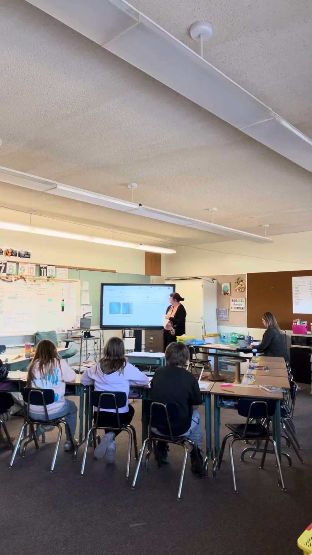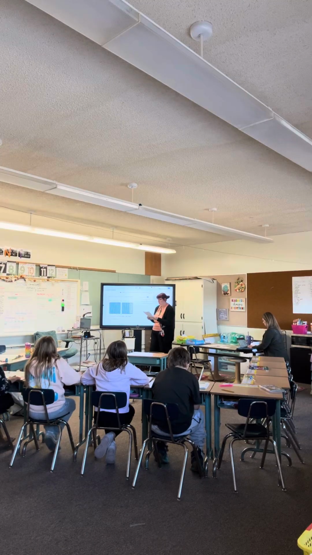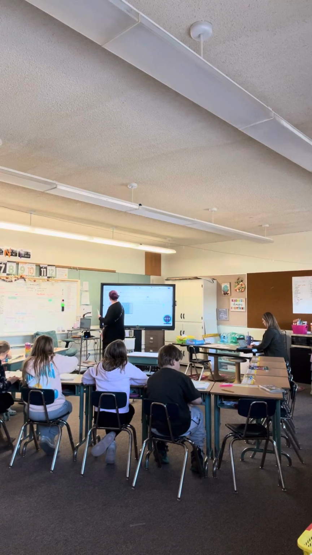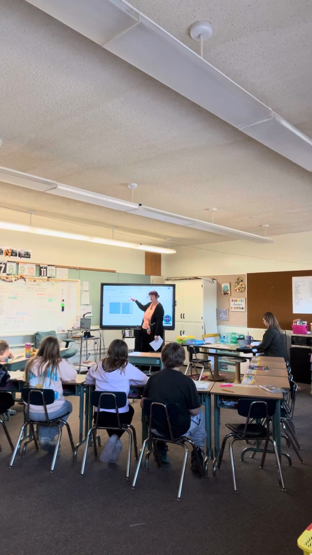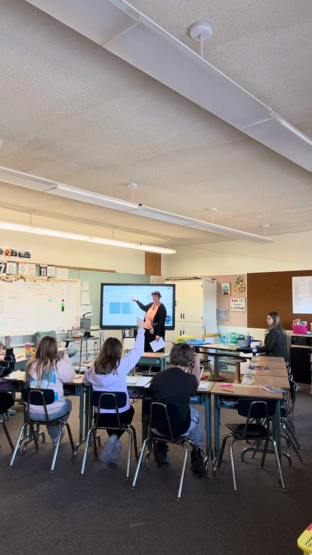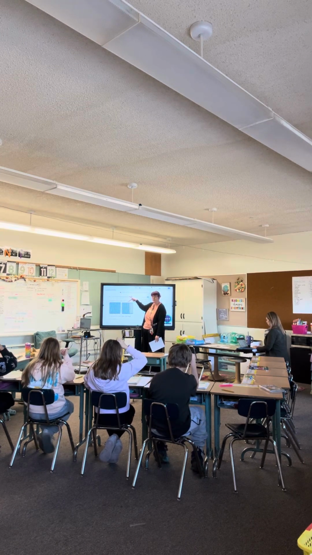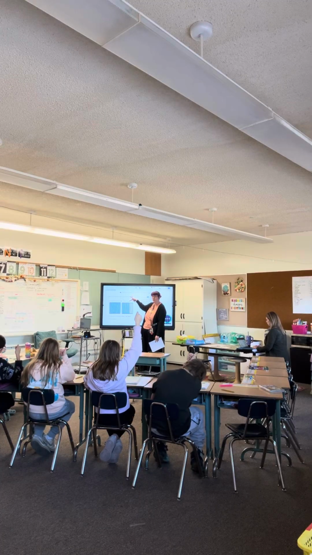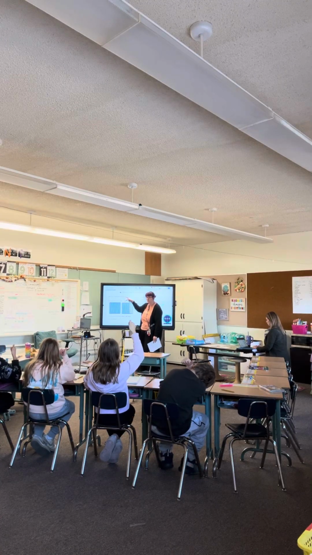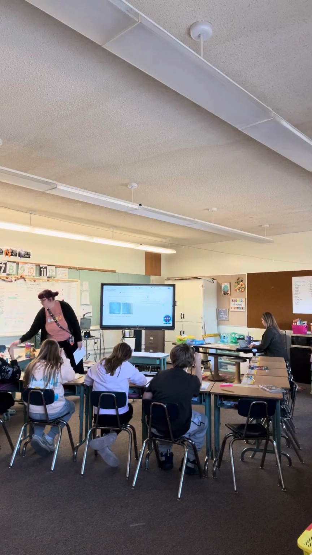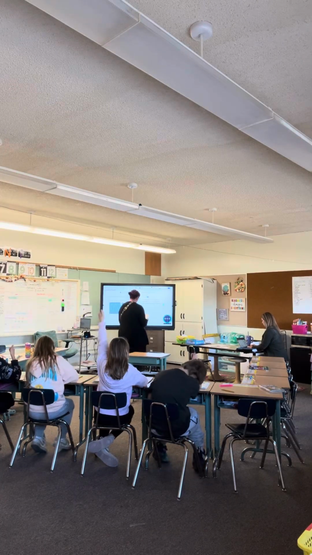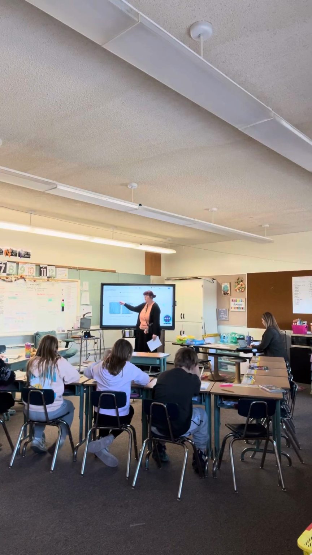Nice. Okay, so for the first two lines, we're going to read them together. So they should be in your book. Give me a thumbs up when you find them in your book. Okay, you're going to read with me, or you can look up here and we'll read it together.